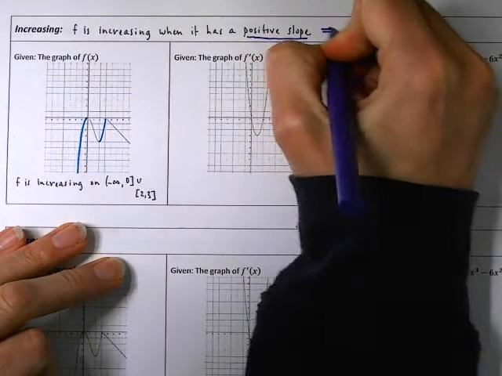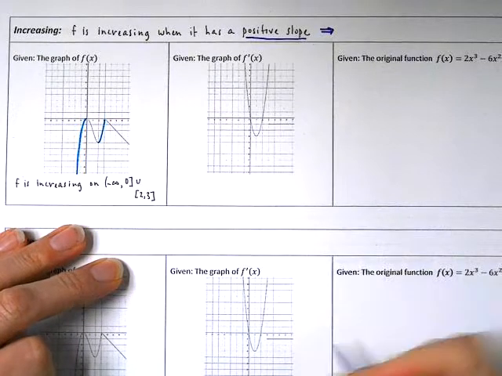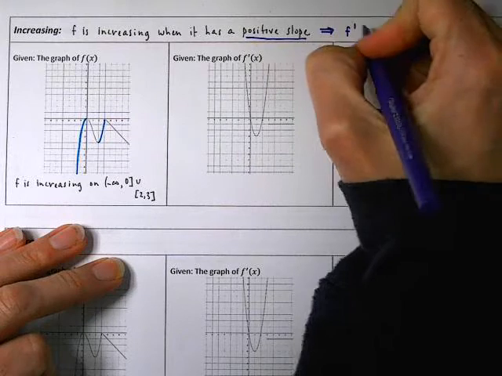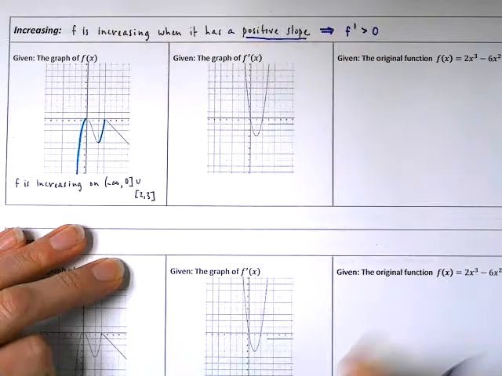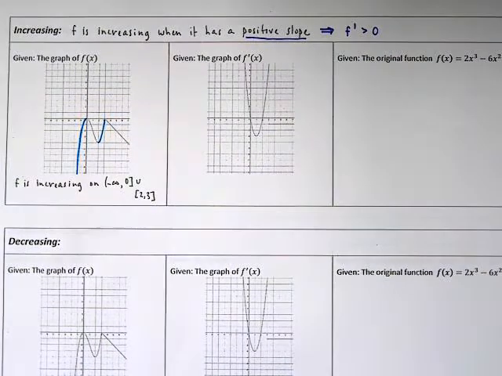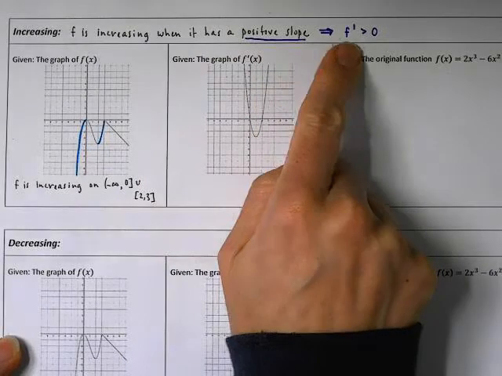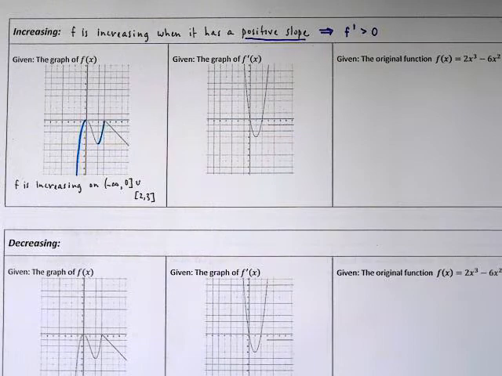we know that the derivative gives us that slope. So really we're looking for when is f prime greater than 0. So f is increasing when it has a positive slope, or when f prime is greater than 0.